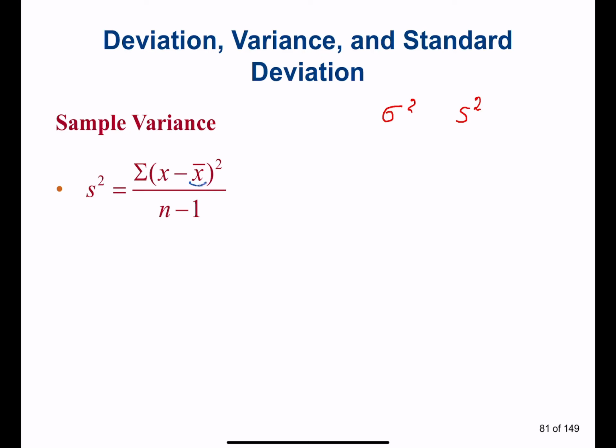And instead of n, we have n minus 1, because remember, a sample is a subset of the population. That means the sample size is going to be less than the population size, at least by 1. It can be more, but at least by 1. It cannot be equal.